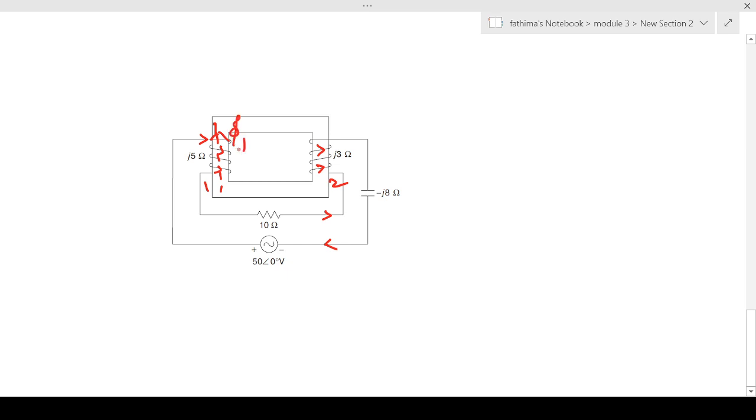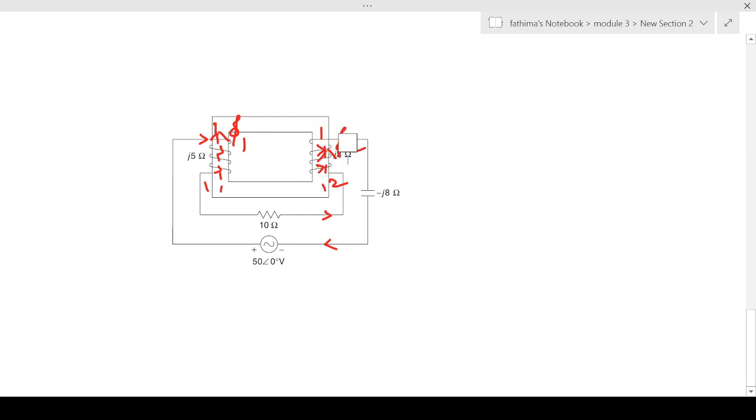And when we apply the right hand thumb rule to the second coil, we can see that the flux is in the upward direction.